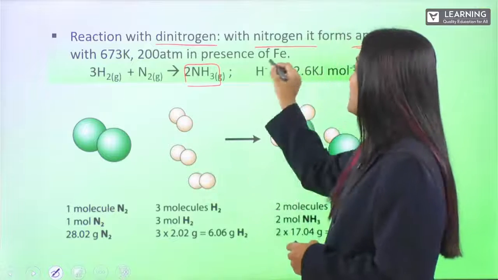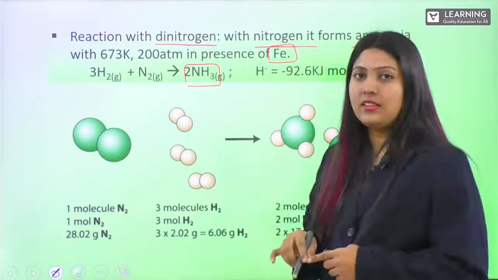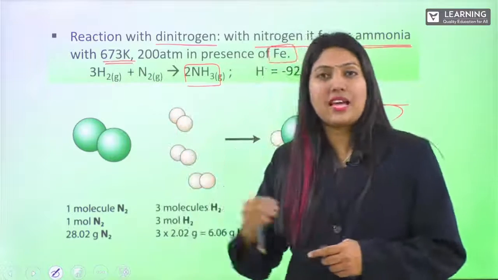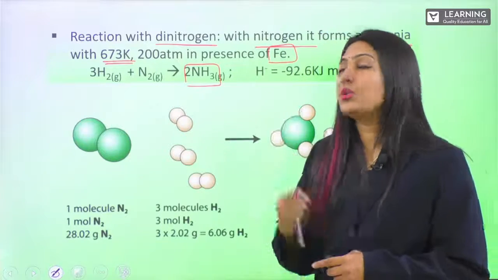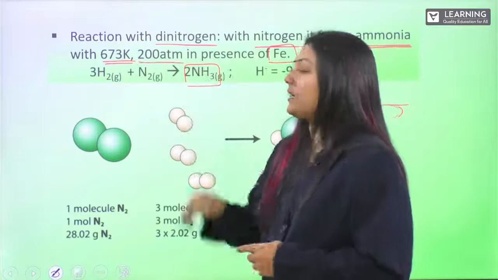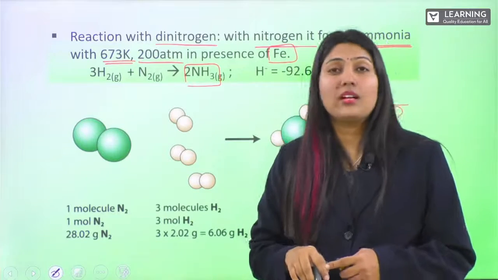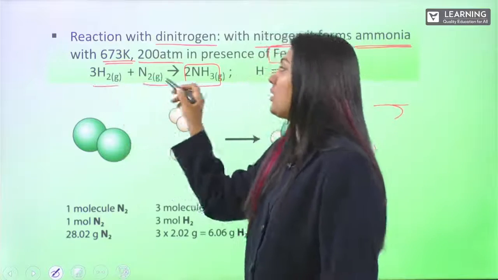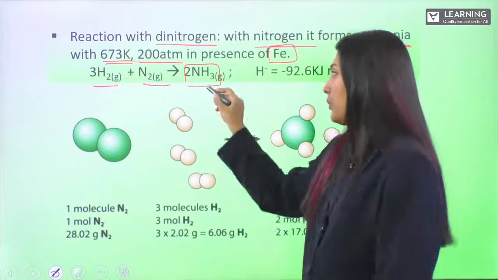It requires the catalyst iron, and it takes place at a high temperature, 673 Kelvin, and a high pressure, 200 atmospheres. So hydrogen reacts with nitrogen to give ammonia.